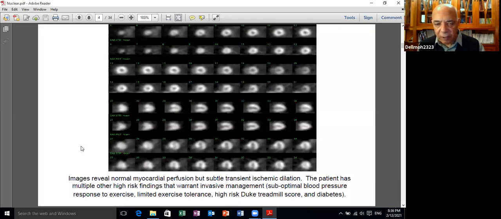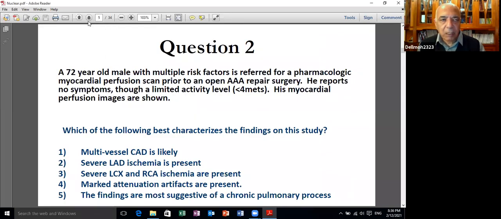He went just for 3.5 minutes. High risk Duke treadmill score. I think it's minus 8.3 or 8.5, and he's diabetic as well. So this is an important method. This is how we analyze the important features in these patients.